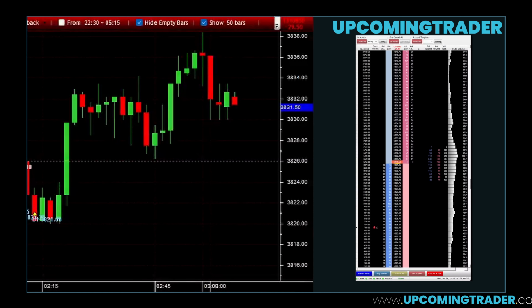Bull flags indicate a continuation of an uptrend, while bear flags signal the continuation of a downtrend. These patterns are particularly helpful for traders looking to enter a trade after a strong move while minimizing risk during the consolidation. Other basic patterns to be aware of are pennants and rectangles. Pennants are similar to flags but have converging trend lines, indicating that the price is tightening before continuing the original trend.